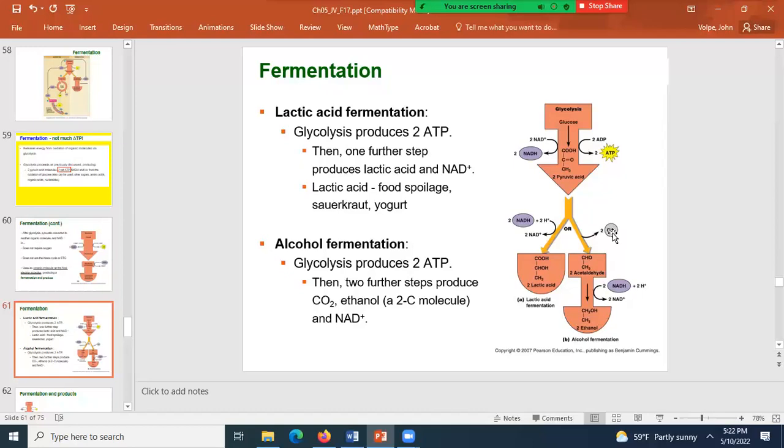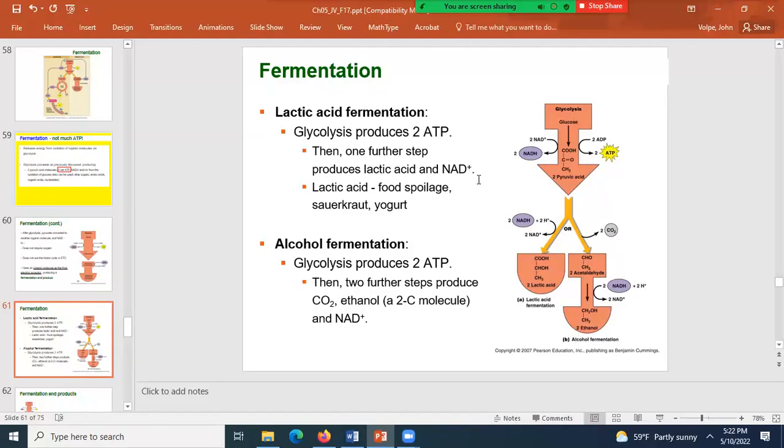Wine is made in an open barrel or an open bucket or something like that, and the CO2 usually vents to the air. But if you were to cork the wine bottle, we call that champagne. And then in the second reaction, ethanol is made.